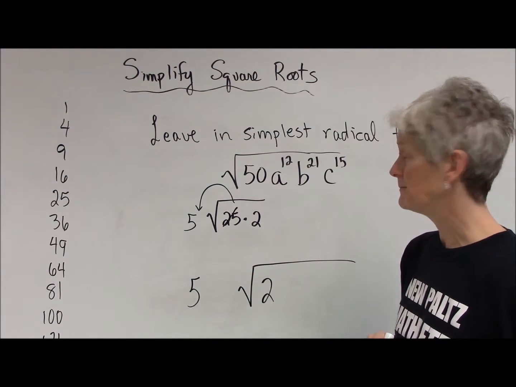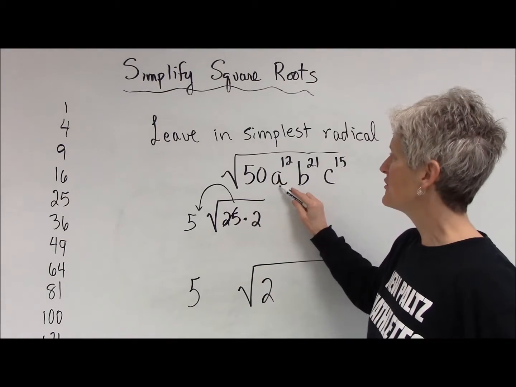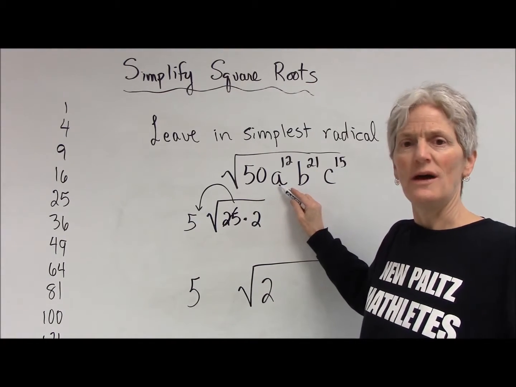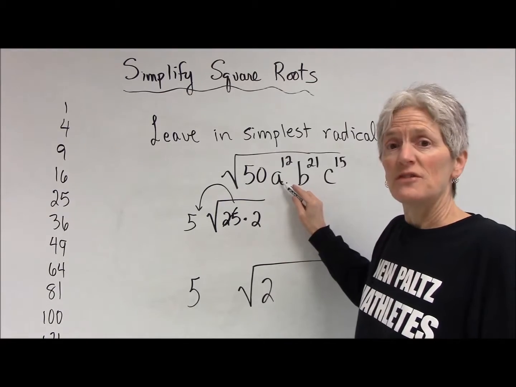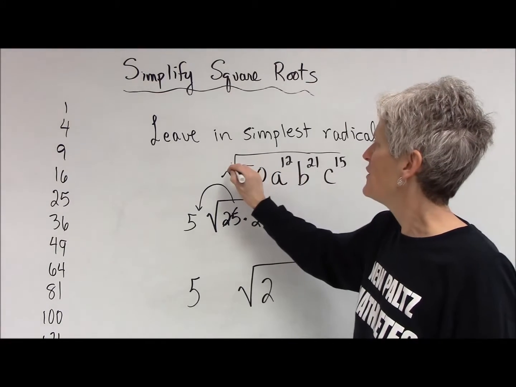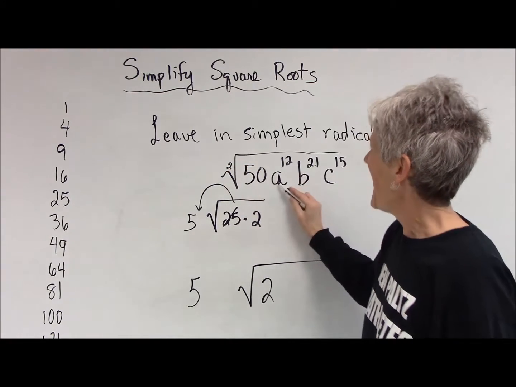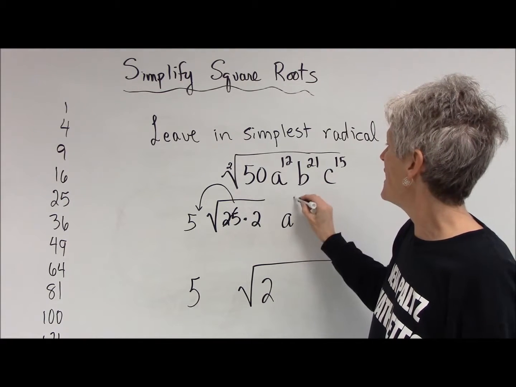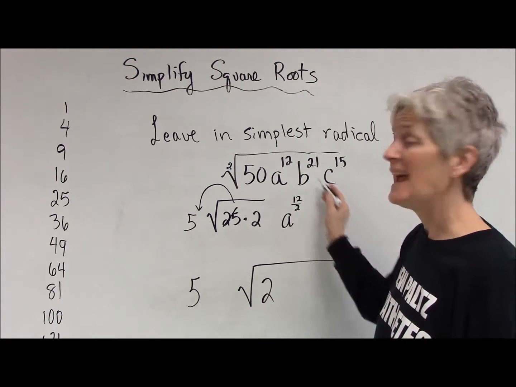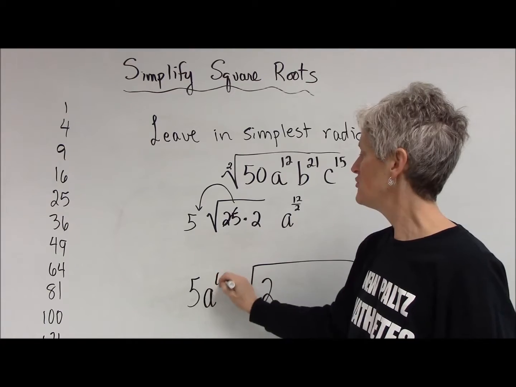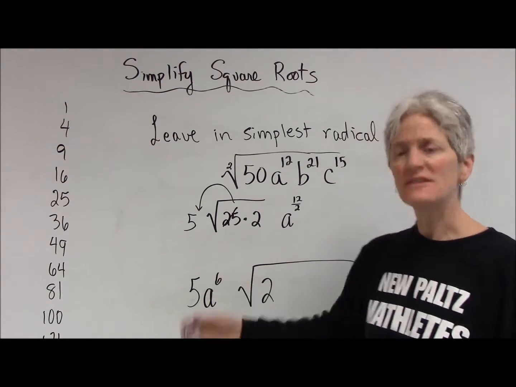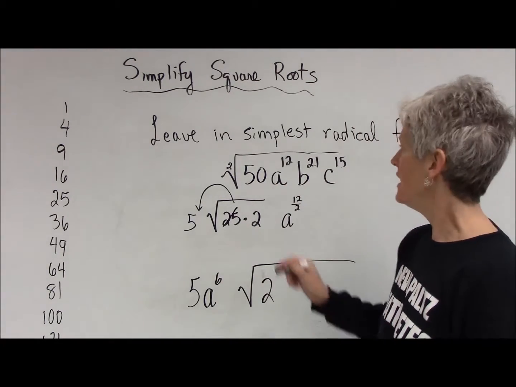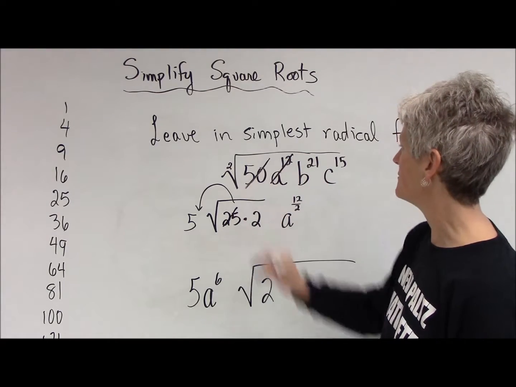So far, so good. All right, let's look at a to the 12th. Well, a to the 12th, that's a perfect square, right? If you think about it, a to the 12th halved is a to the 6th. And sure enough, a to the 6th times itself equals a to the 12th. All right, so we're good with that.